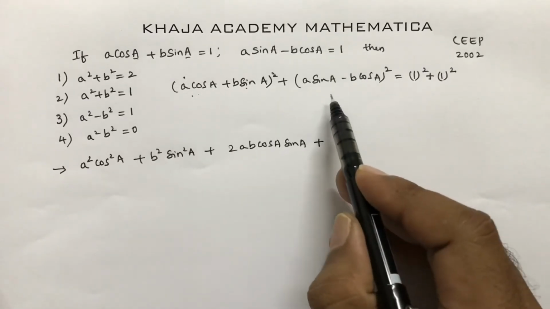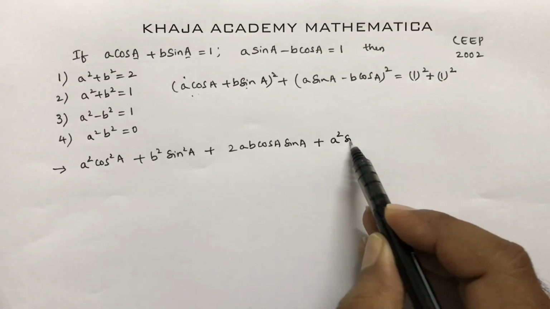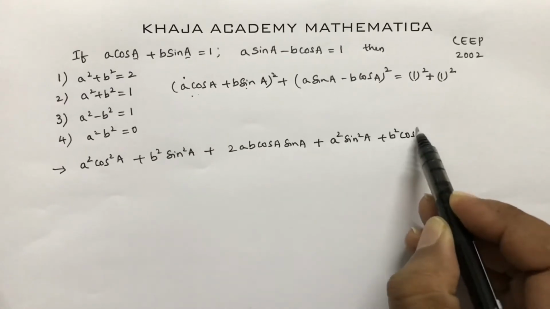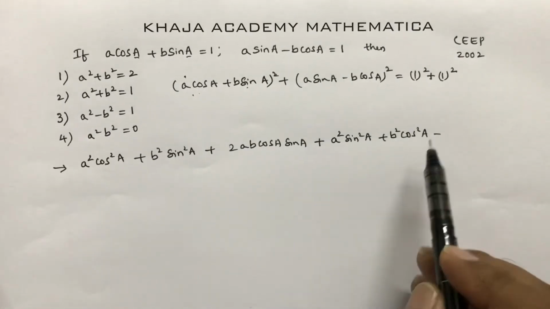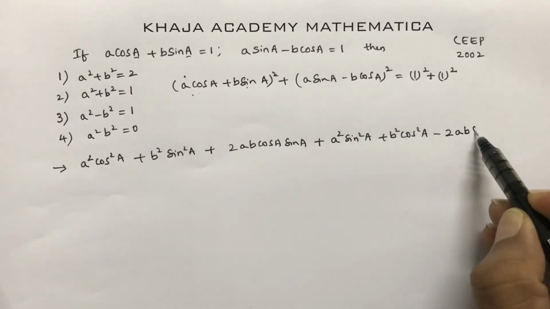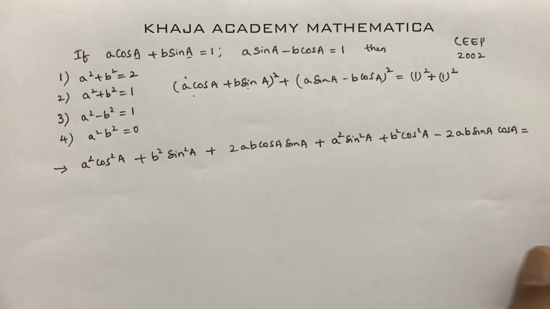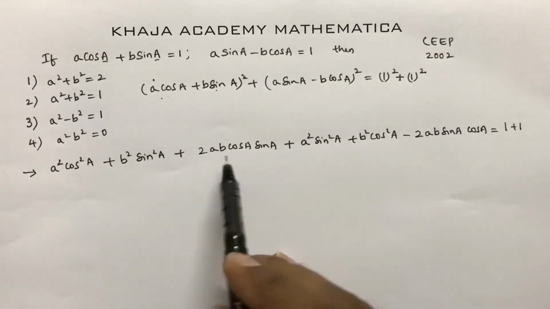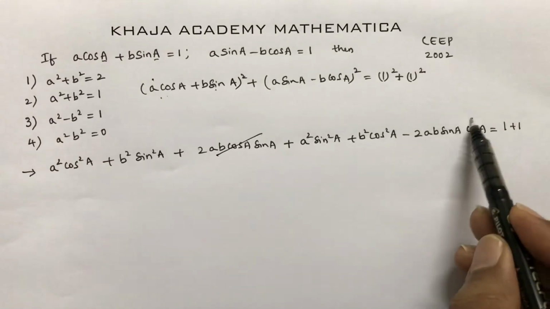Plus, if you expand this part, a minus b whole square, a square sin square a plus b square cos square a minus 2ab sin a cos a equals 1 plus 1. So now see, 2ab sin a cos a and minus 2ab sin a cos a will get cancelled.